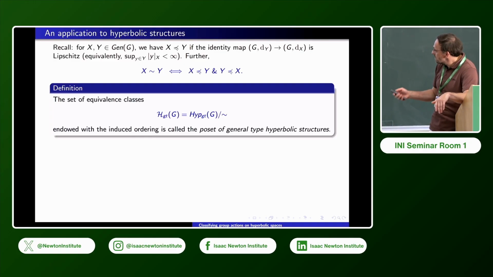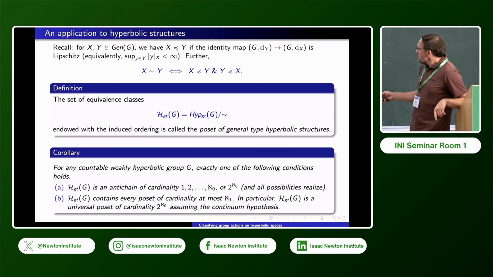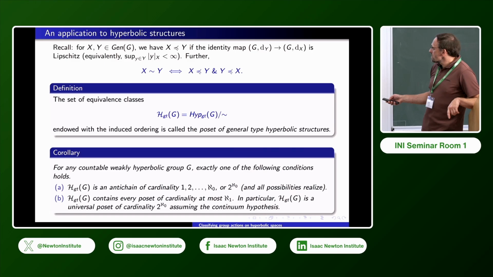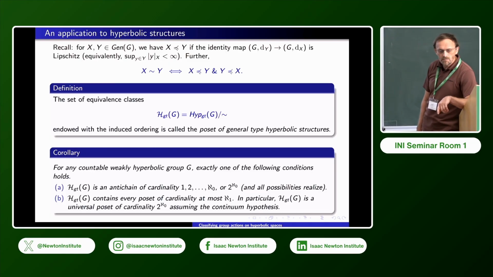Actually, from our results, it follows that there is a dichotomy: for every countable weakly hyperbolic group G, exactly one of the following conditions holds. Either this partially ordered set of hyperbolic structures is an anti-chain of cardinality anything from 1 to aleph 0 or perhaps continuum, and all possibilities can be realized.